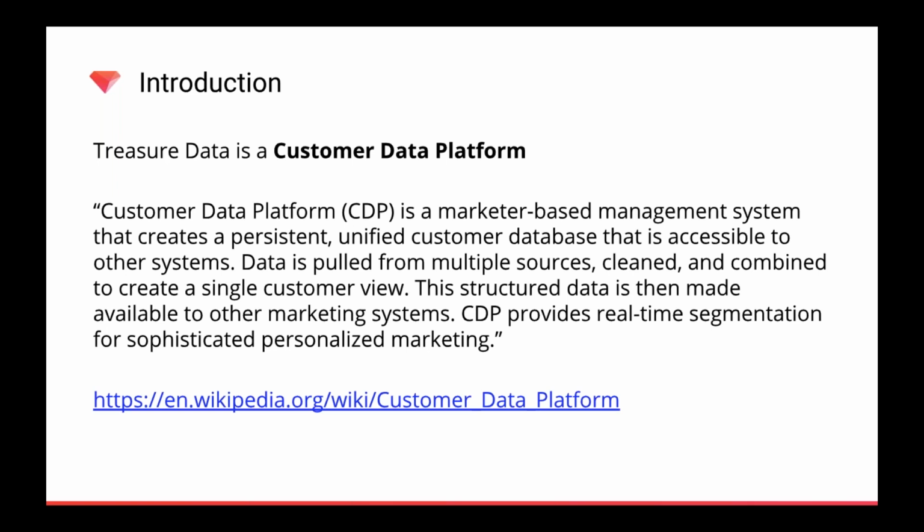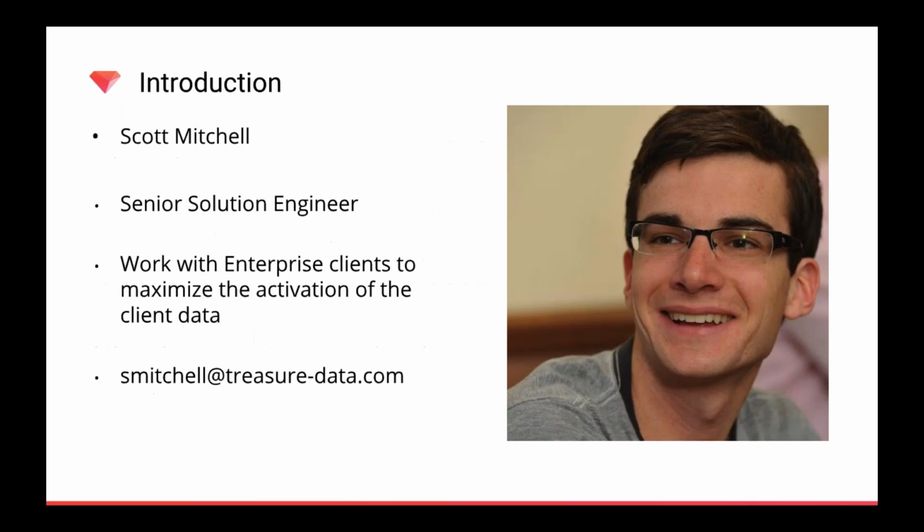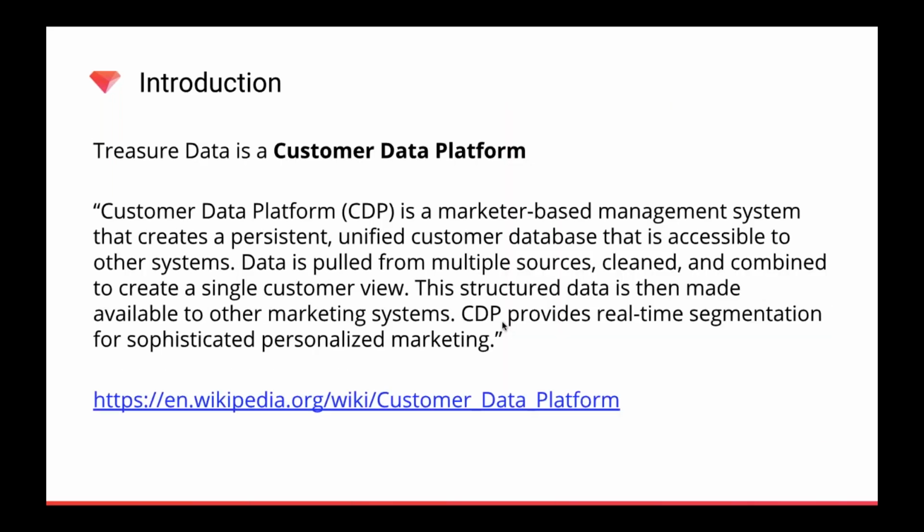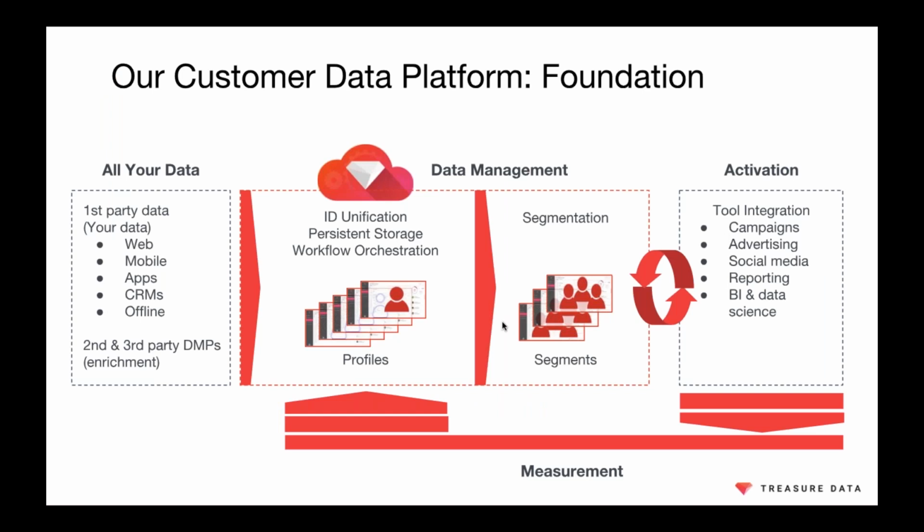our connections with external marketing systems. So this slide visualizes how that process really works. First we're able to unify your first-party data and enrich that with second and third-party data.